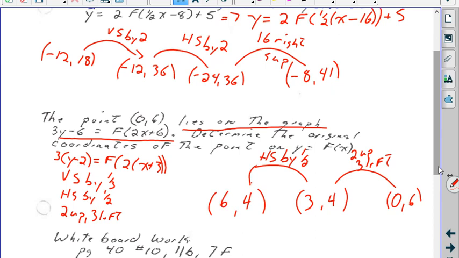I started at 6. And then I have a vertical stretch by 1/3. So 6 stayed the same because I didn't do anything to the x coordinate. And what times 1/3 gets the 4? 12.